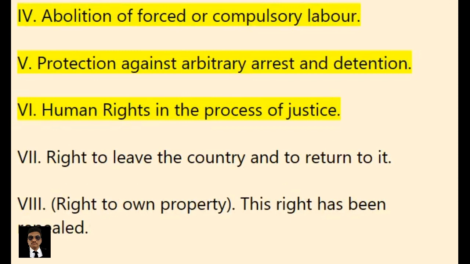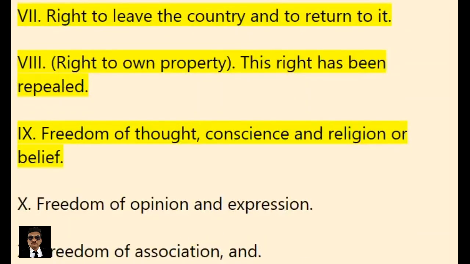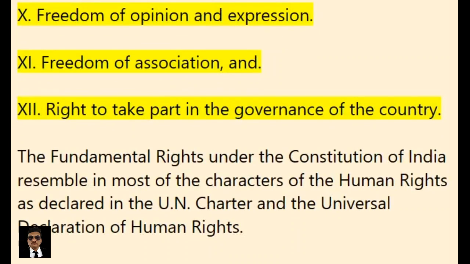Human rights in the process of justice. 7. Right to leave the country and to return to it. 8. Right to own property. This right has been repealed. 9. Freedom of thought, conscience, and religion or belief. 10. Freedom of opinion and expression. 11. Freedom of association, and 12. Right to take part in the governance of the country.